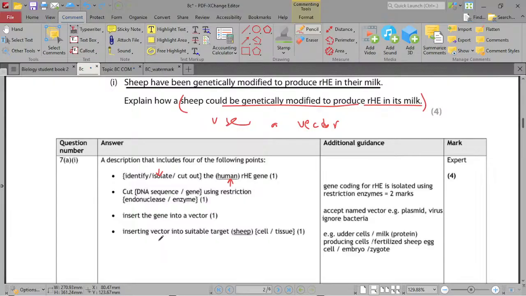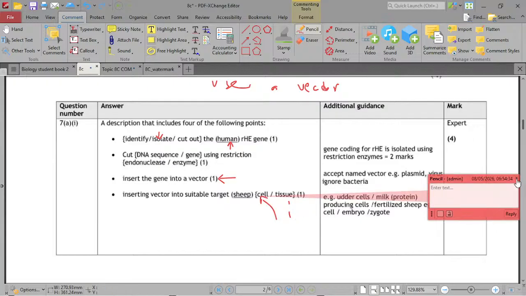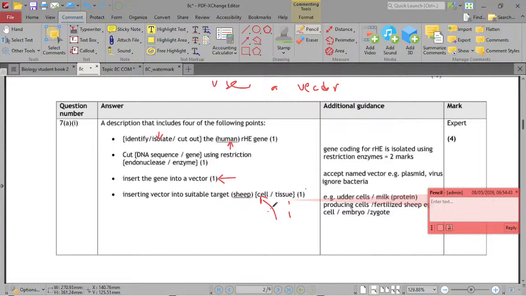Insert the vector into target sheep cell or tissue. If I was thinking microinjections, that would be into the sheep cells. How do I do that? Do I just double click on these? I don't understand.